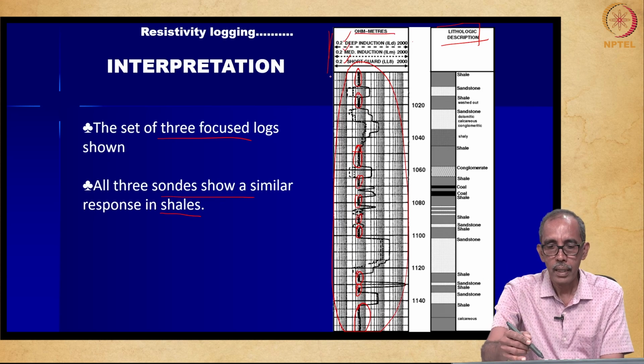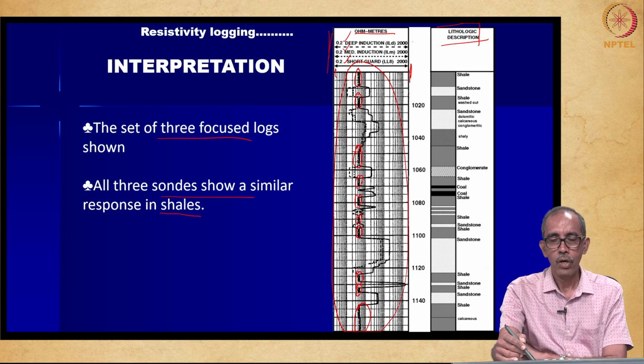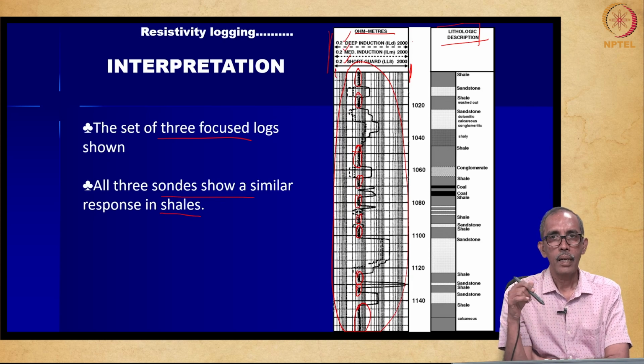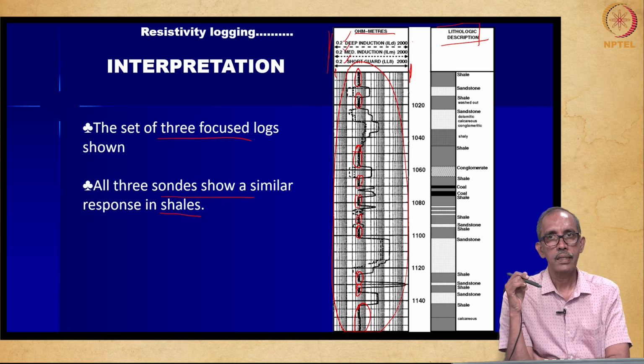Starting from here is 0.2, here is 2000. At wherever I have now drawn a red ellipse, at all these places, all the three logs, that is deep, medium and short, showed the same signal.